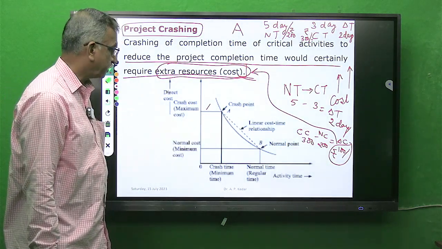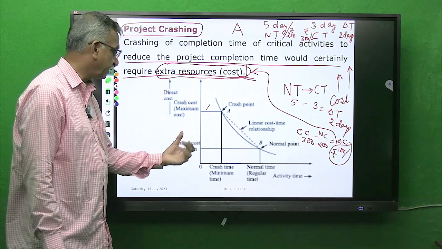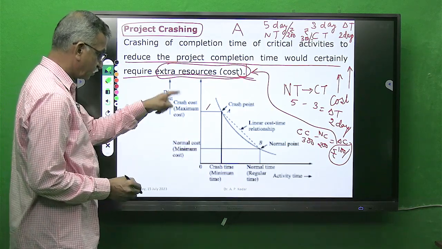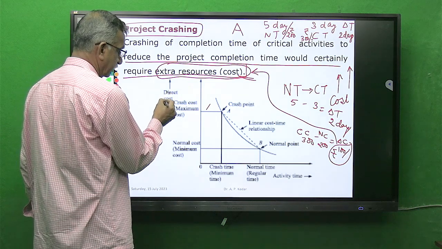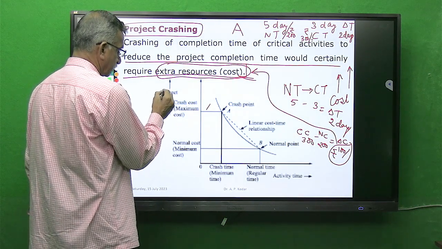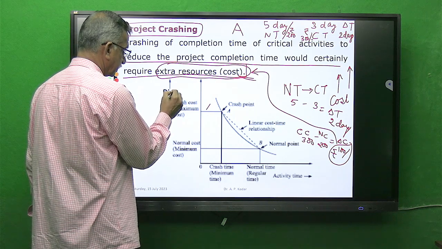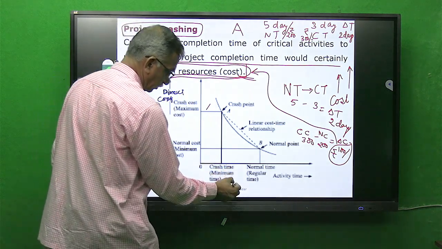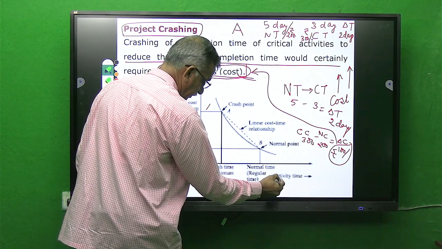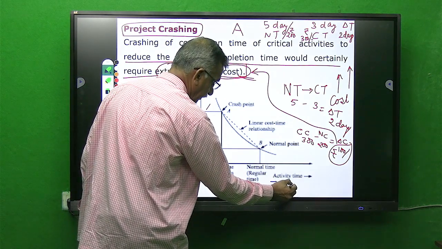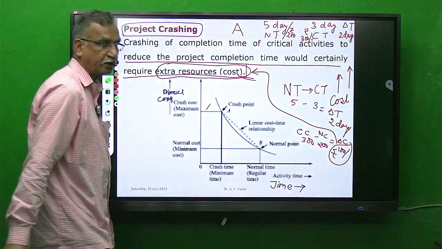Let us understand this particular figure. Here on the y-axis it is cost, and the behavior of direct cost is shown. On the other axis it is activity time: direct cost versus activity time.